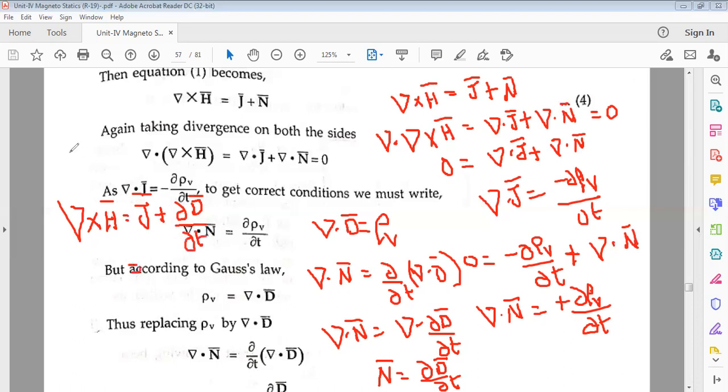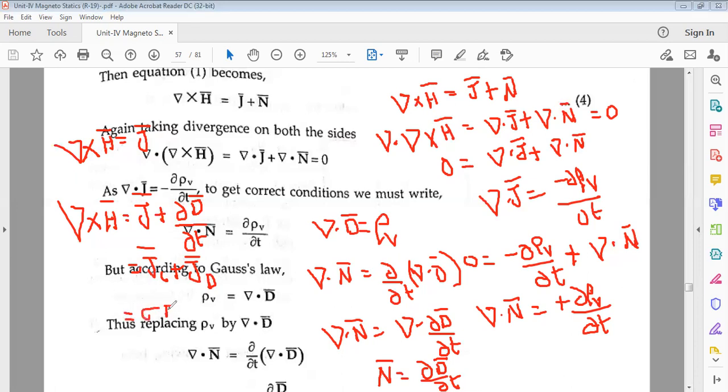This total equation, del cross H bar, is equal to the current density J bar. In that current density, the first term is JC bar and the second term is JD bar: conduction current density and displacement current density. But JC is sigma into E bar.